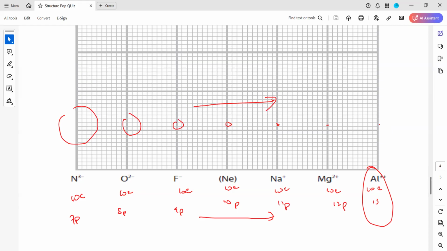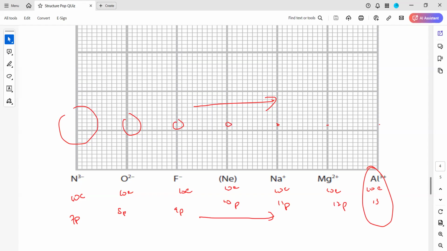So 3 points: 1 mark for mentioning they all have the same number of electrons, or they are all isoelectronic ions. The second point, when we move from nitrogen to aluminium, the nuclear charge increases as atomic number increases. And the third point, stronger attraction from the nucleus towards the valence shell electrons, which reduces the size of an atom.